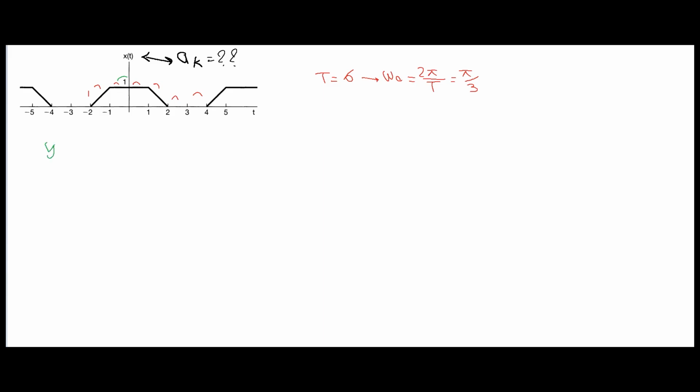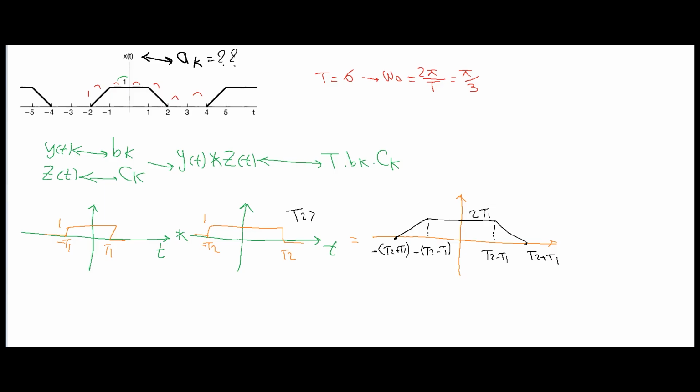Now we use a more practical method based on properties. Key idea 1. If y(t) has Fourier coefficients b_k and z(t) has coefficients c_k, then y convolved with z has coefficients T b_k c_k. Key idea 2. If we convolve two rectangular pulses, the result is a trapezoid.